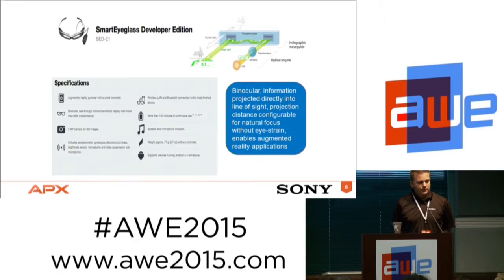Instead of having the image projected onto the glass, in this solution we actually have a holographic effect. There are two layers of glass and cameras from both sides that shoot the picture in. So it gives the illusion that the picture is being displayed a number of feet in front of you, and then you can calibrate that. If you want the text to be closer up, you can do that. If you want it to be further away, you can do that as well.